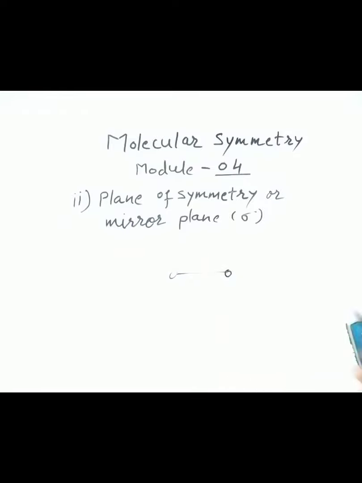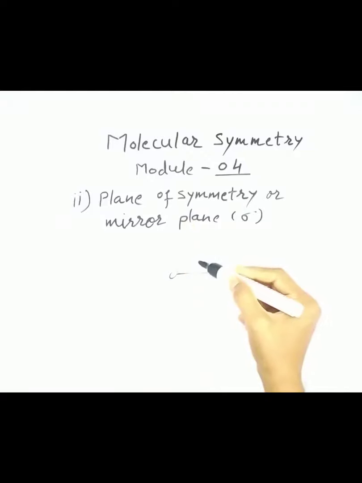I will draw the diagram again. What is plane of symmetry? If in a molecule there exists a plane which can bisect the molecule into two equal halves, then we can say that the molecule possesses a plane of symmetry or mirror plane.